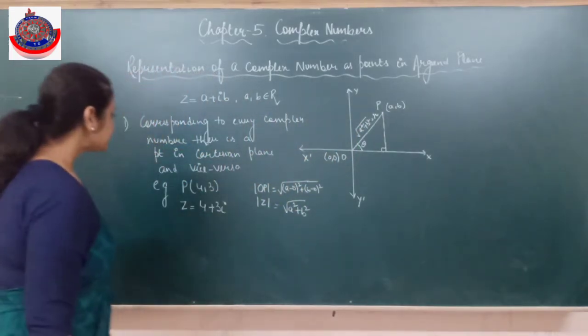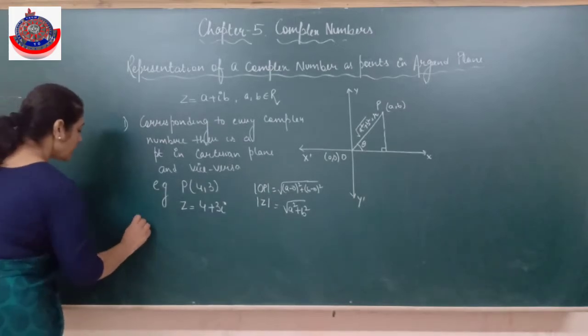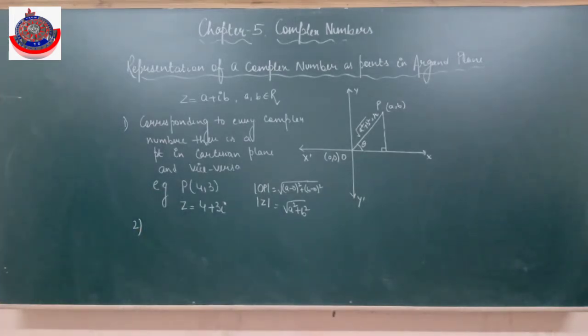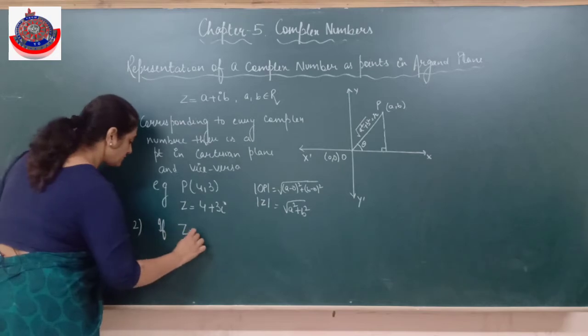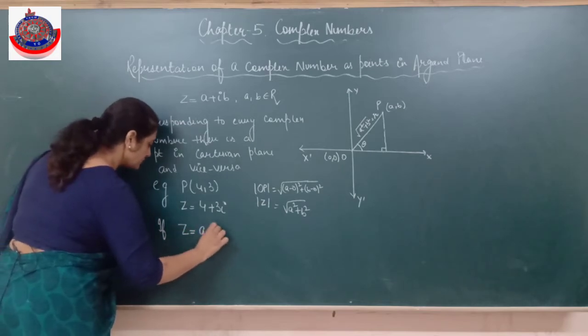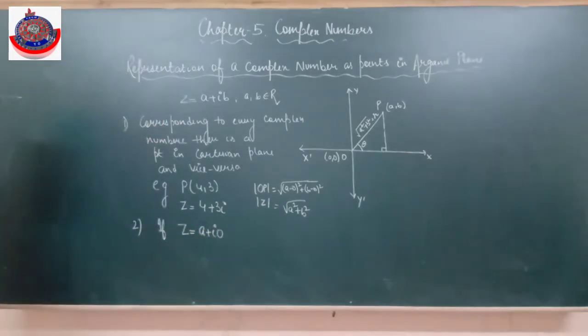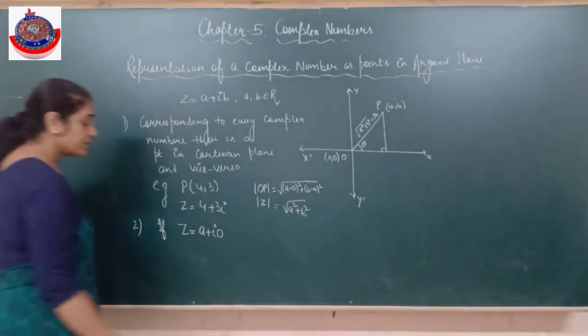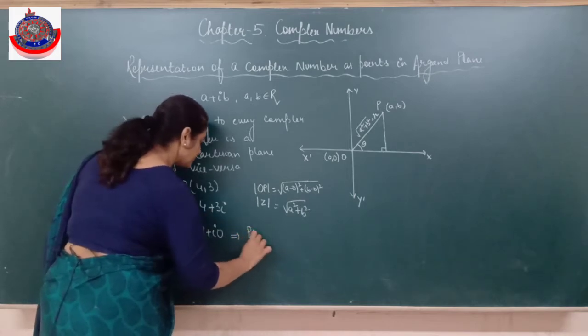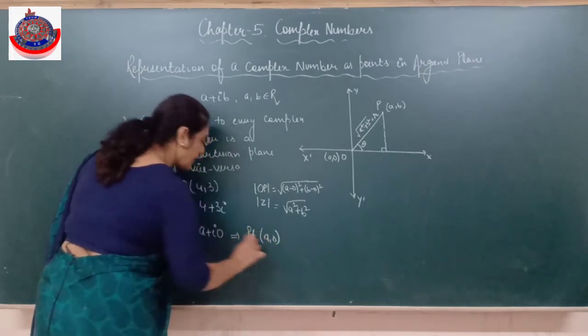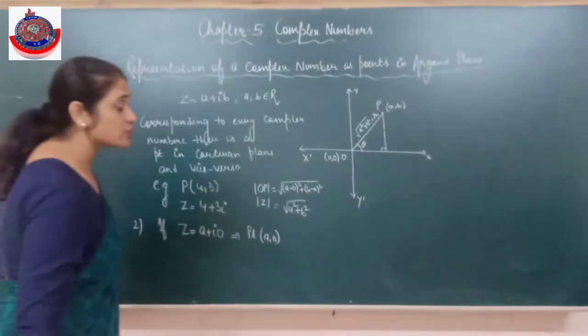Alright, now the second point, these are all notes which you need to keep in mind. Is it clear? The points corresponding to the complex number, suppose my complex number is a plus iota 0, it means what will be the point corresponding to this? A0, and the point A0 lies on what?